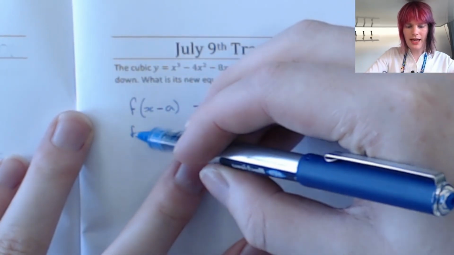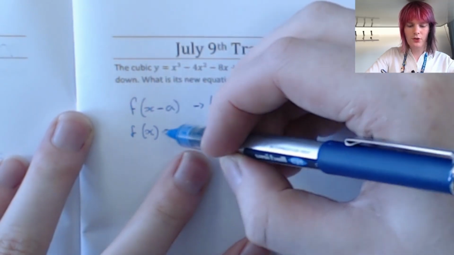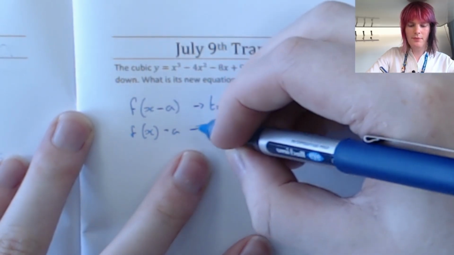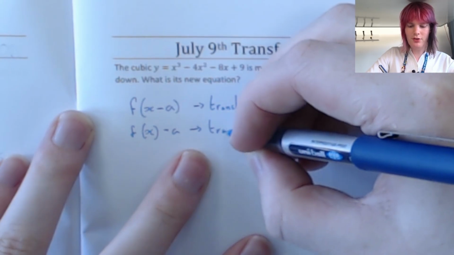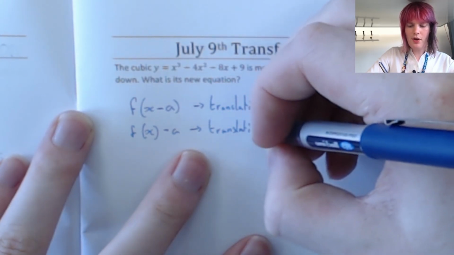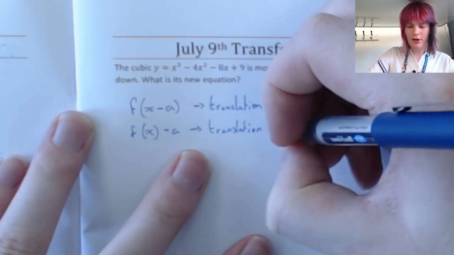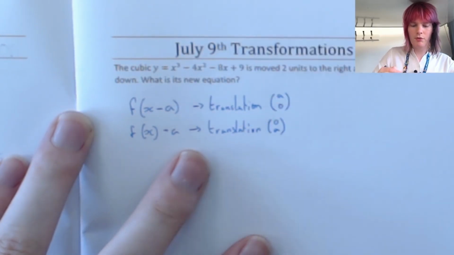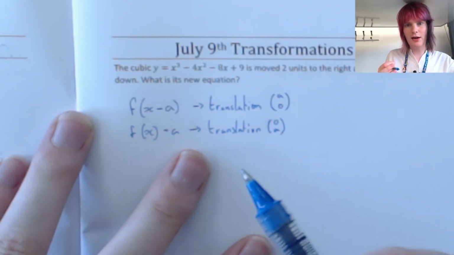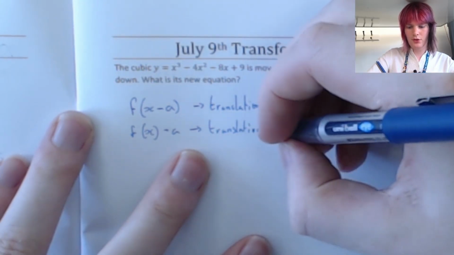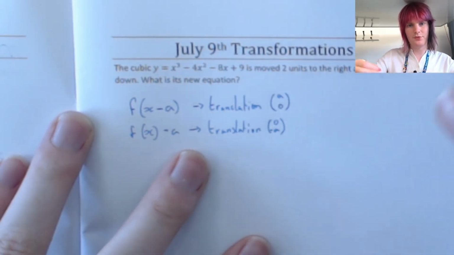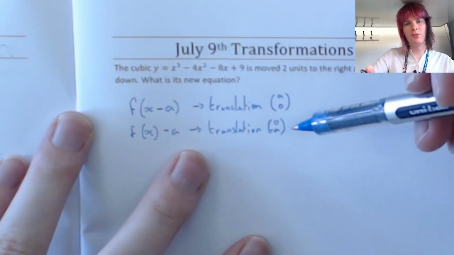Similarly, if we do f of x subtract a, that's a translation along the vector 0, a. So if we subtract a, that's going to move us downwards. So it should be 0, minus a. So subtracting a is going to move us downwards.